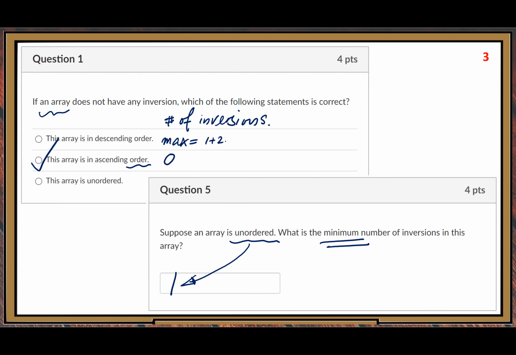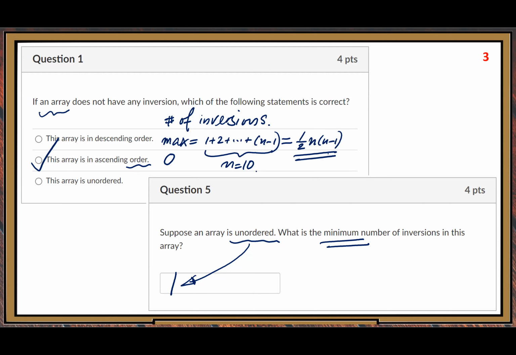1 plus 2 plus up to n minus 1. Remember, in our homework question, n equals 10. We have that question. Here, the general case, n(n minus 1)/2. This expression.